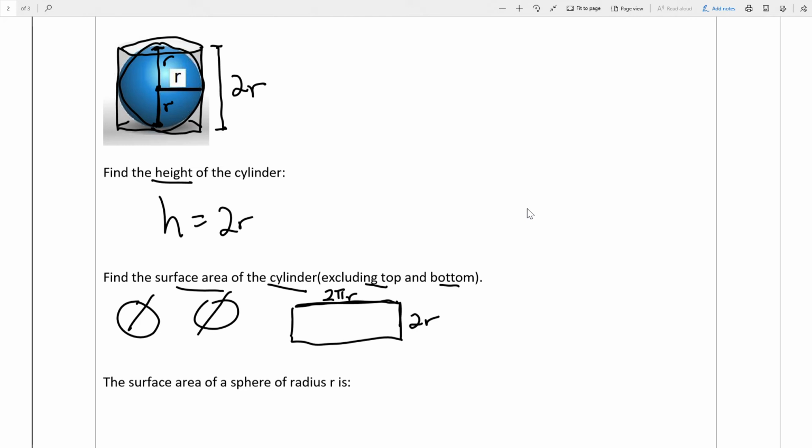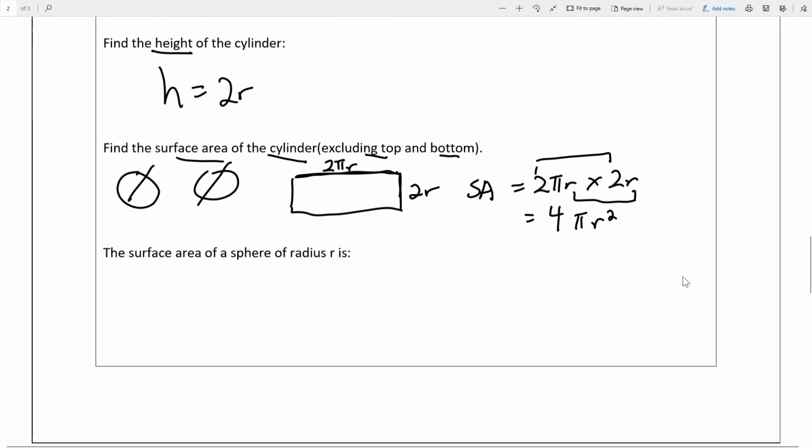So the surface area of the cylinder excluding the top and bottom faces is going to be 2 pi r, the length, times the width, 2r. And we're going to simplify this. We multiply the numbers together, 2 and 2, that's 4, and we multiply the r's together. R times r, that's r squared.